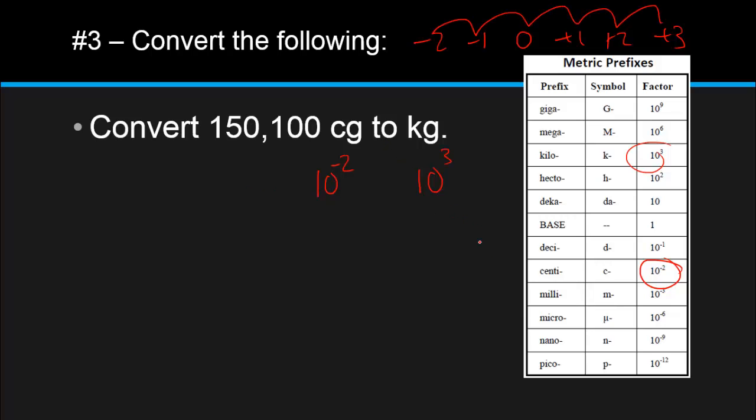And when we're going up the chart, these represent large amounts of things, so you don't need as many of them. The number should get smaller, so it's going to move 5 to the left. 1, 2, 3, 4, 5. So our answer is 1.501 kilograms. On to number 4.